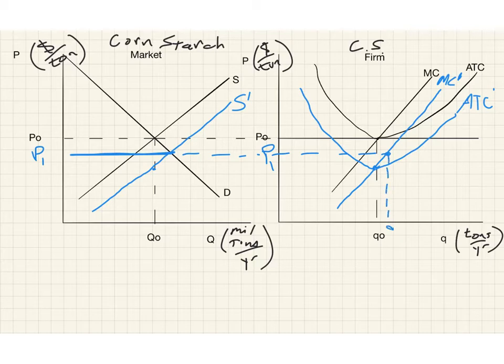Firm output goes up, and remember that price minus average total cost is our profit per unit. And so there's a positive profit per unit. We sum that up over all units produced.